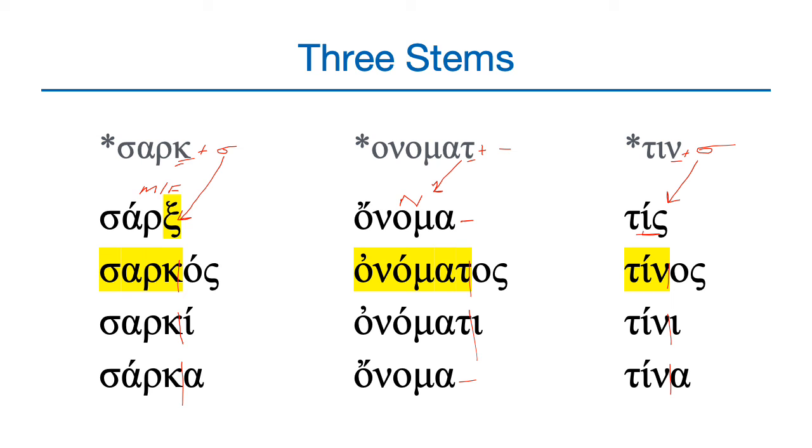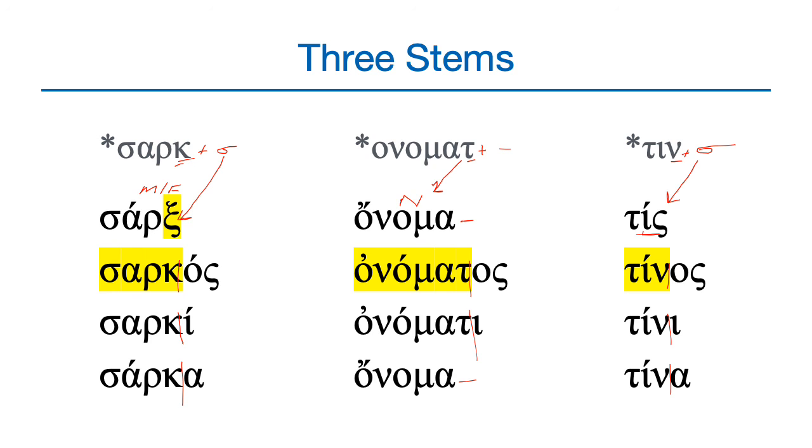Then here you have the stem onomat, you have the ending os, and here you have the stem tin, you have the ending os in the genitive. So look at the genitive to see the stem of your third declension nouns. Then dative saki, onomati, tini, accusative singular saka, onoma, tina.